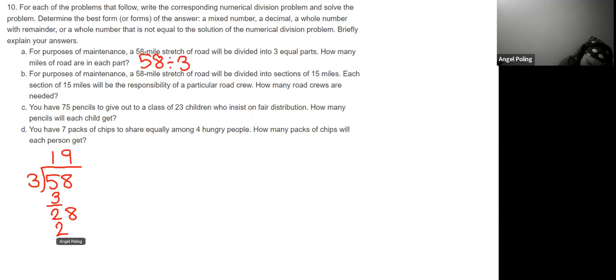So 19 remainder 1, but we can split the road into thirds, right? So for maintenance purposes, we would want 19 and 1/3 miles dedicated to each part.